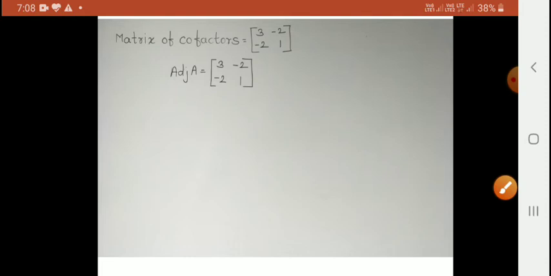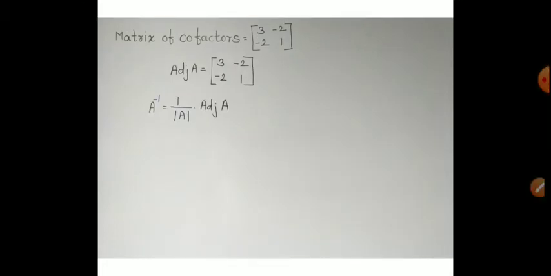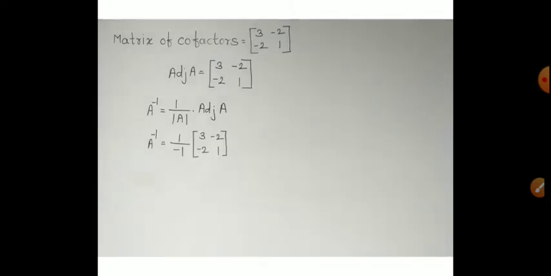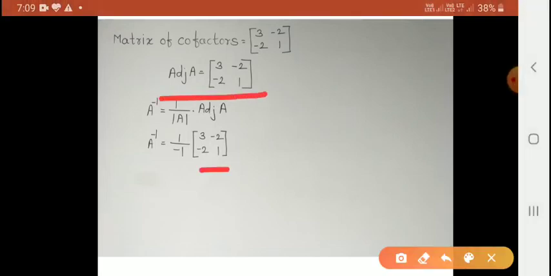Now we write the formula for A inverse. A inverse is equal to 1 upon determinant of A into adjoint of A. Put the values: A inverse is 1 upon minus 1, the determinant, into the adjoint 3, minus 2, minus 2, 1. 1 upon minus 1 means minus 1, so we multiply minus 1 to every element of the matrix.